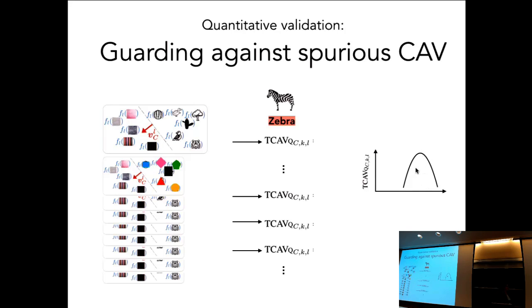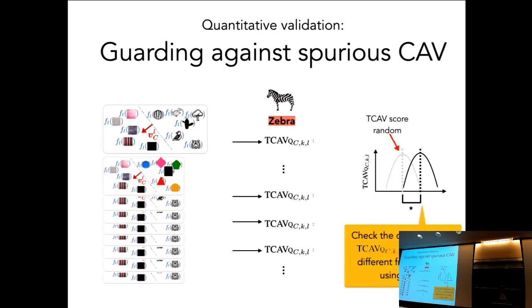Does that make sense? So we have learned many CAVs by using slightly different sets of random images, and we calculate TCAV scores from them. If you view these as a sample from a distribution and it looks like this, that means the TCAV score was generally pretty high. Now, you can compare this to a TCAV score at random.